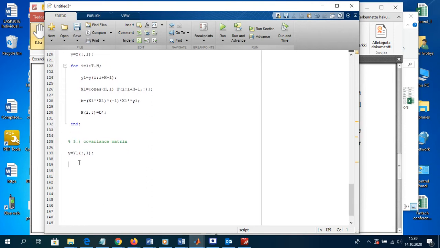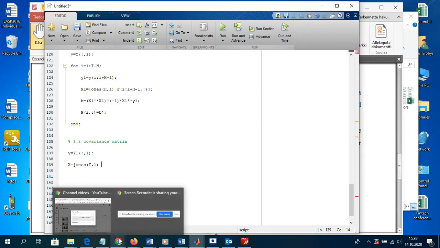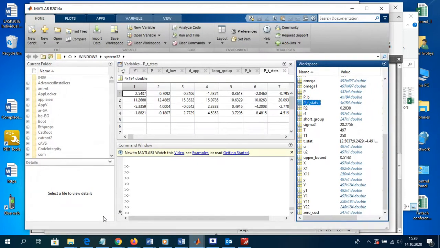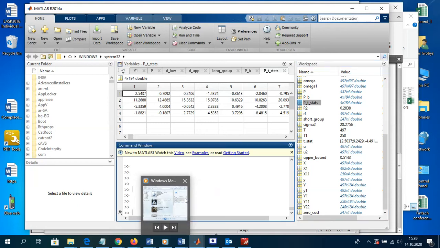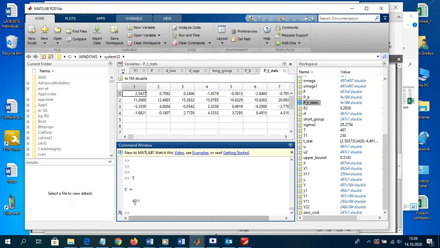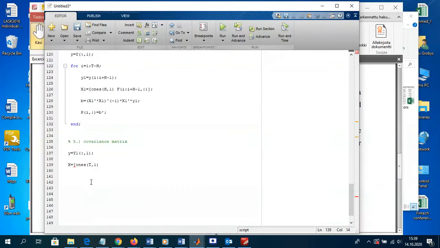So next, we define our regressor matrix. We define a matrix which has a vector of ones in the first column. The dimension is T by 1. T is already defined in our workspace, we don't need to do it one more time. If we press T, MATLAB knows already it's 497. So we have a vector of 497 ones in the first column of our X matrix.